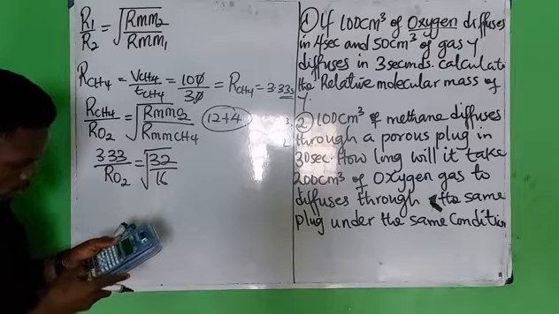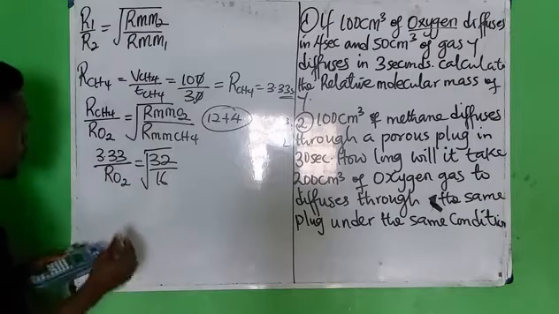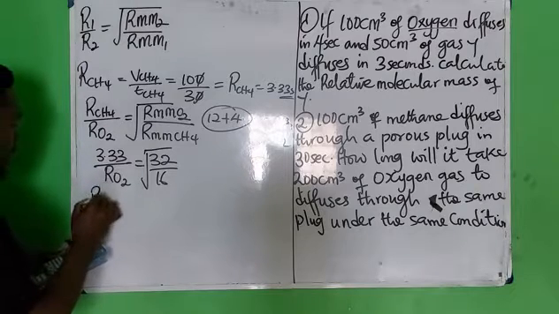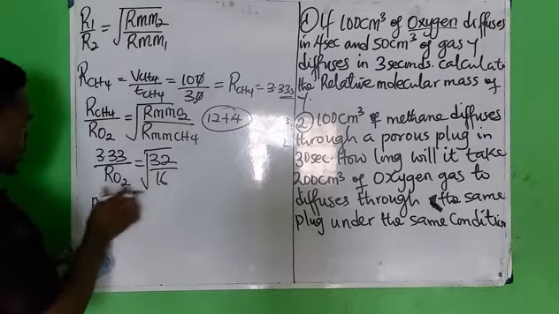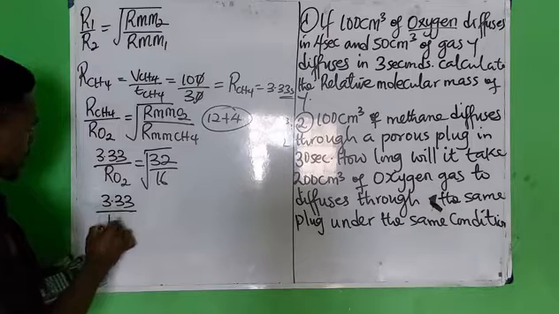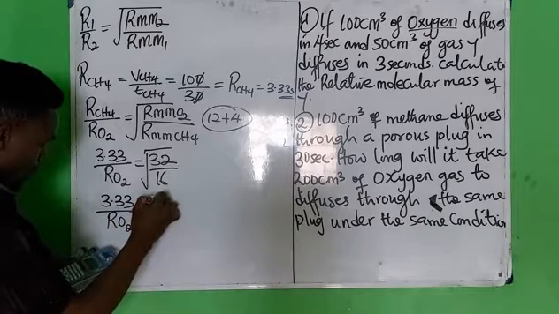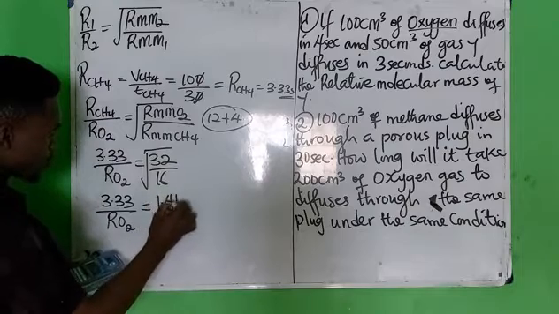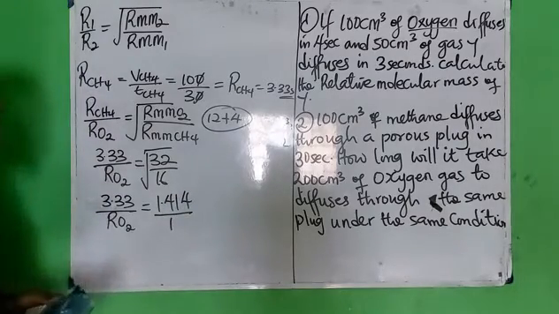Square root of 2 equals 1.414. It therefore means that 3.33 over RO2 equals 1.414 over 1.